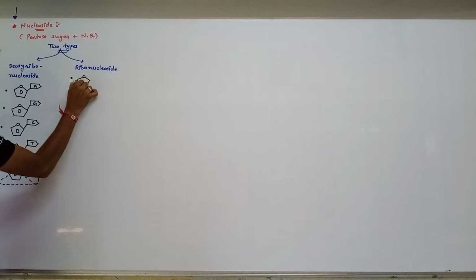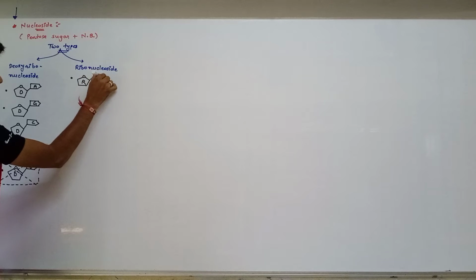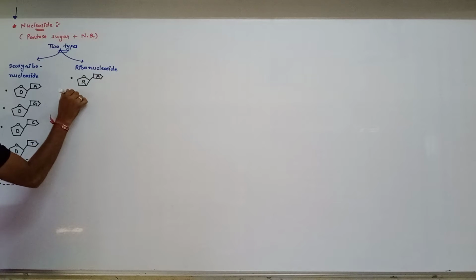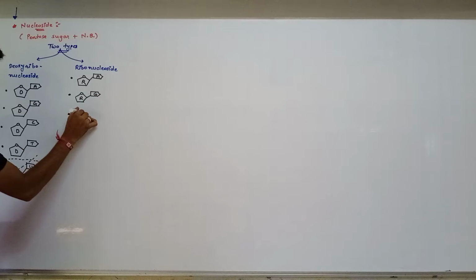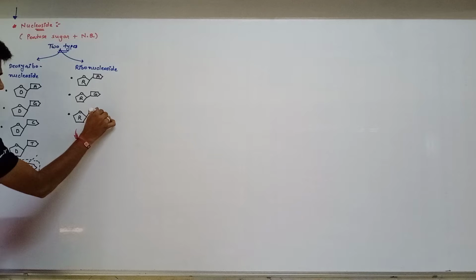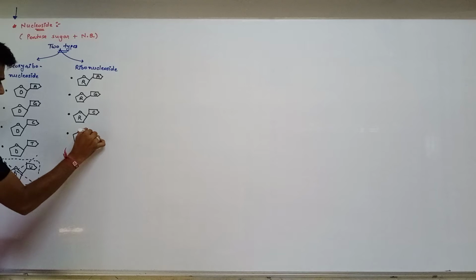It is denoted by this R. Now all the structures are the same: adenine, guanine, cytosine, uracil.